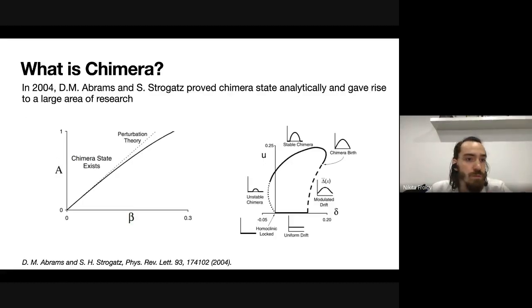Later, in 2004, Abrams and Strogatz proved this effect using an analytical approach and discovered all the bifurcations lying behind this phenomenon. This work in Physical Review Letters gave rise to a large area of research which now covers a lot of topics.